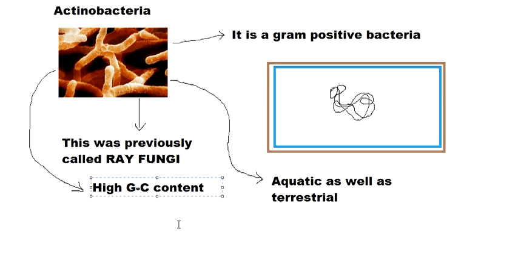Okay, and now the last thing we need to know about this one is some important genera of this phylum. To inform you, this phylum actually accounts for most of the antibiotics. So what are antibiotics?